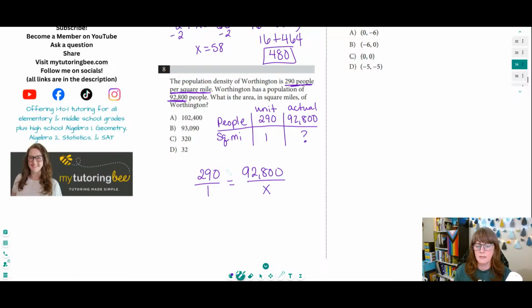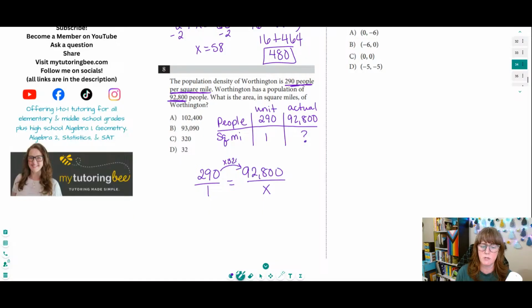I'm going to guess that this is evenly divisible. So in order to get from 290 times what equals 92,800? Well, I'm going to kind of work backwards and divide. So I'm going to do 92,800 divided by 290. Okay, so that gives us 320.